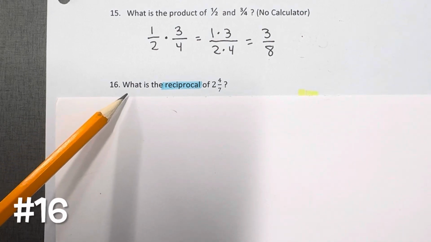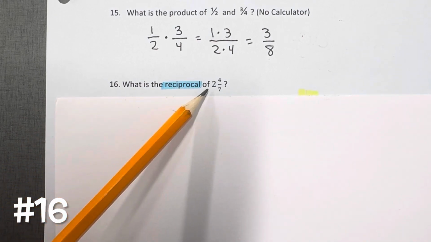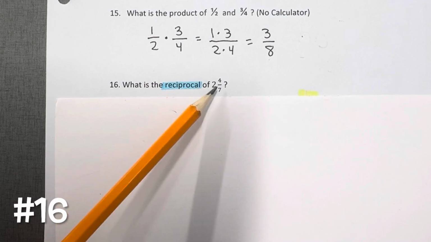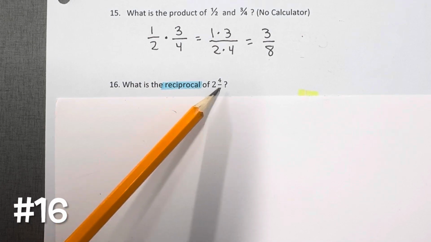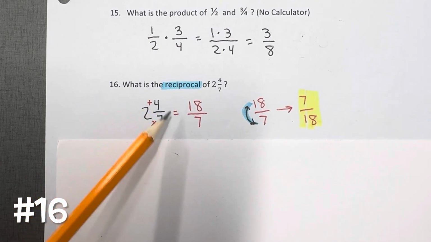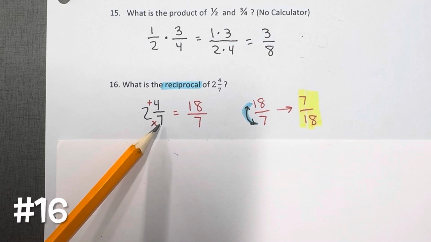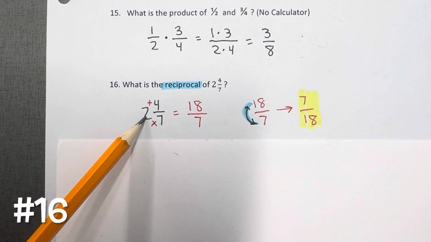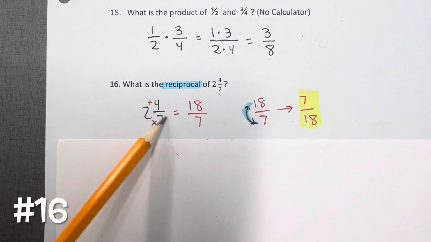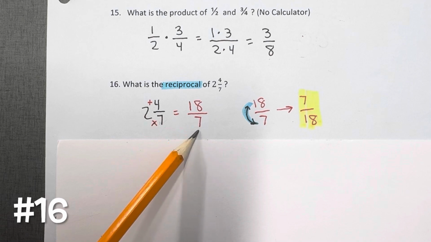Number 16. What is the reciprocal of 2 and 4/7? Well, first, before we find the reciprocal, we have to take this mixed number and write it as an improper fraction. So in order to do that, you multiply 7 times 2, which is 14, and add the numerator, plus 4 is 18, and you keep the denominator of 7.